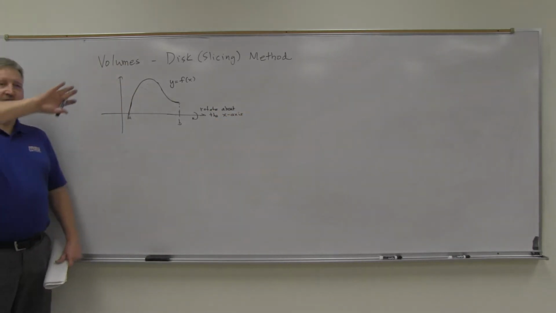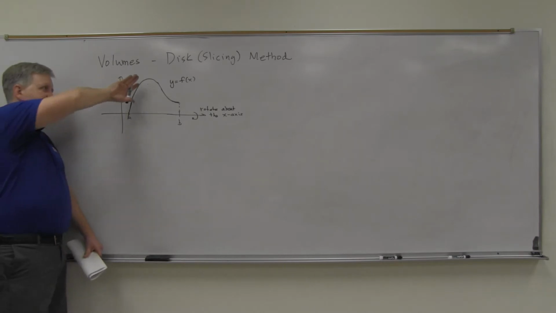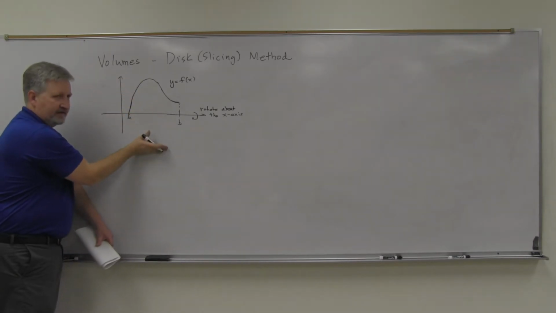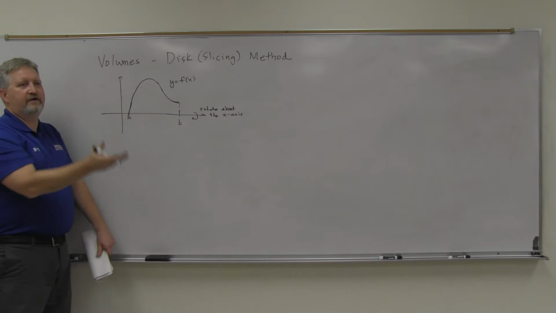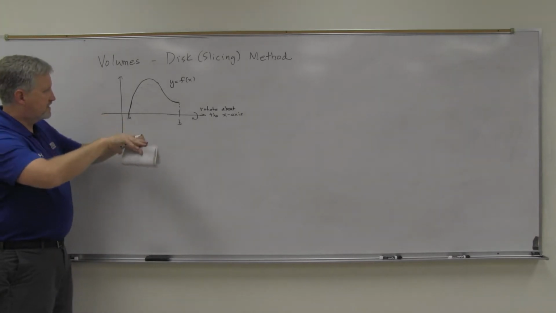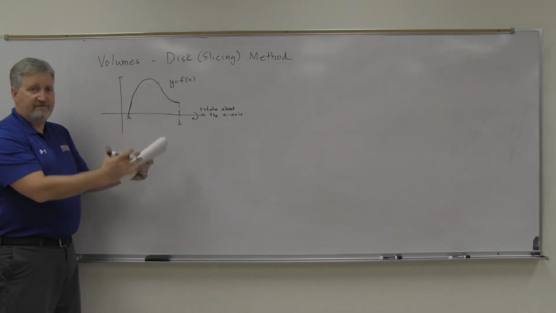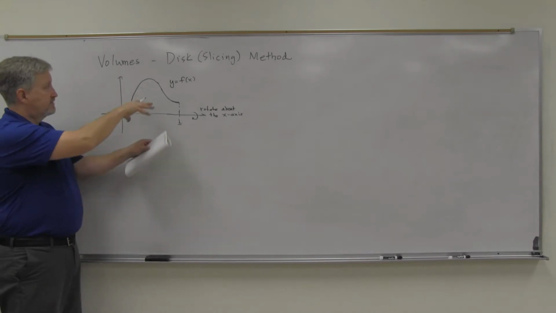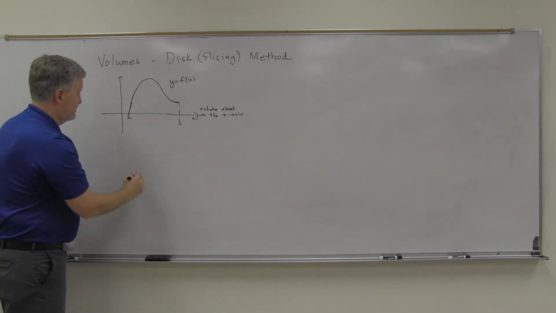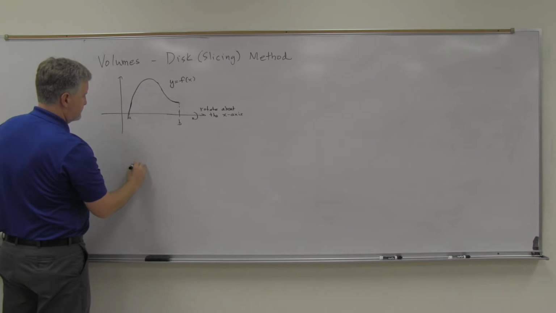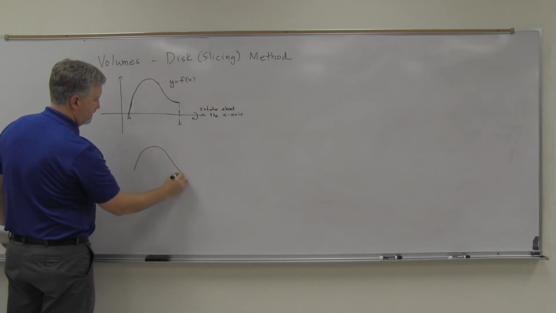It comes out, goes back into the board, and then spins back around. And so we get this, I want to call it kind of a vase shape. If I do that 360 degrees around, I get this vase, I will try to draw it.